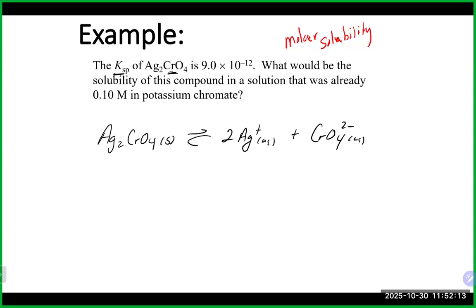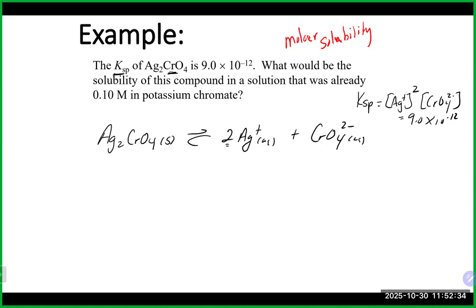And we do have the KSP for this, and we can write our KSP expression, which would be the silver concentration, once again we do need to square it because of the 2, times the chromate. And that's going to equal 9 times 10 to the minus 12.